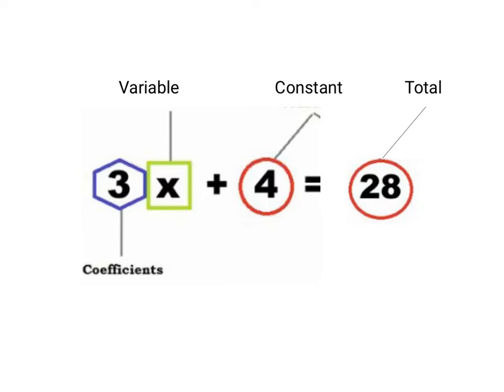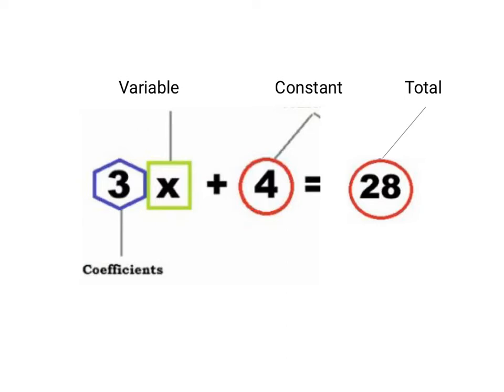Alright, so first off, we're starting on the left hand side with the blue shape around there. We have coefficients. The number that you are multiplying by is called the coefficient. The unknown or our variable is the letter that is in the equation, and that has a green box around it.